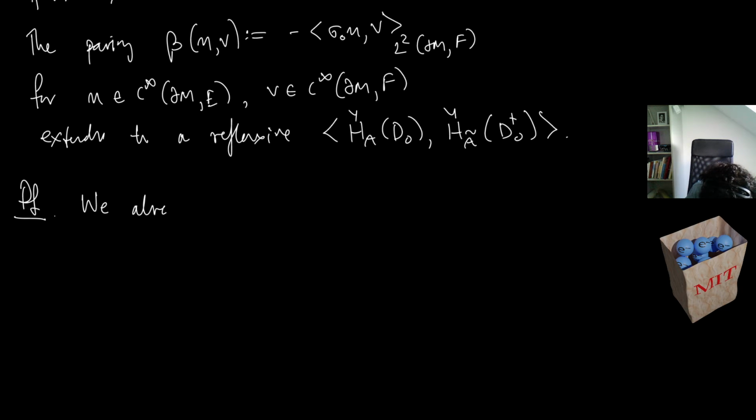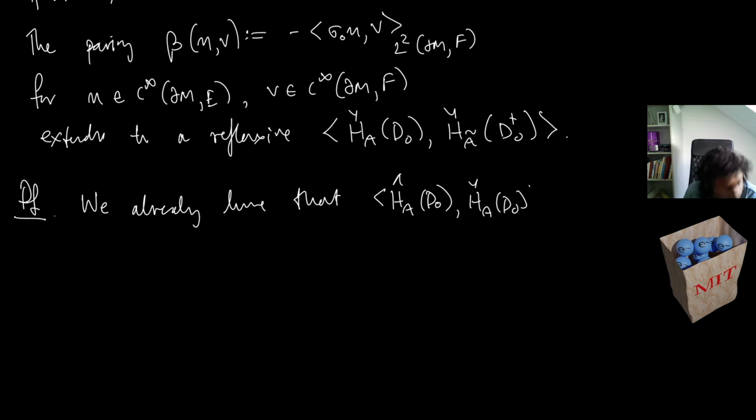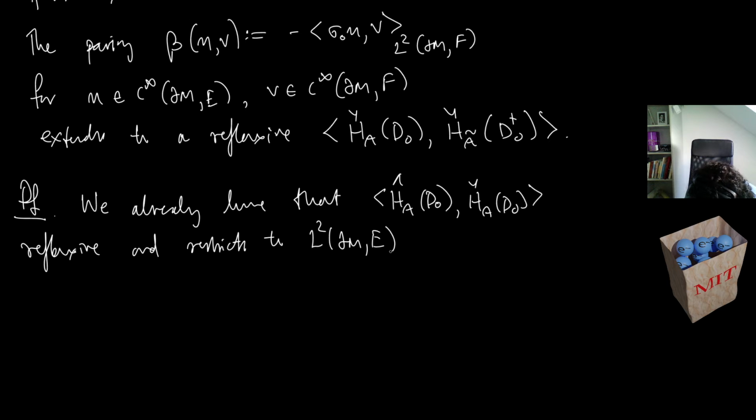We already have that, so this is something we've already proved, right? That H hat A of D naught and H check A of D naught is reflexive, and restricts to the L2 pairing.